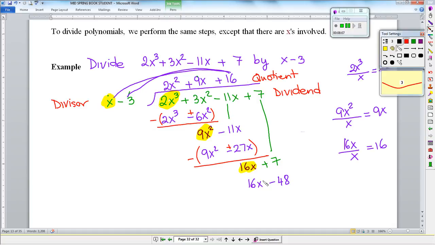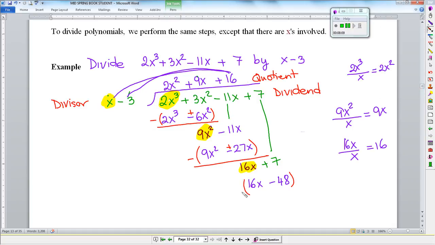Now you put parentheses around your product and a minus sign to distribute negative 1 again. This becomes a plus. So 16x minus 16x is gone. 7 plus 48 is 55. So now 55 is your remainder.